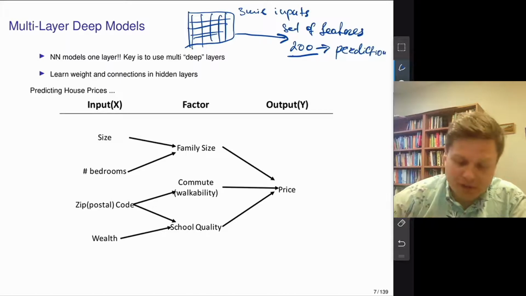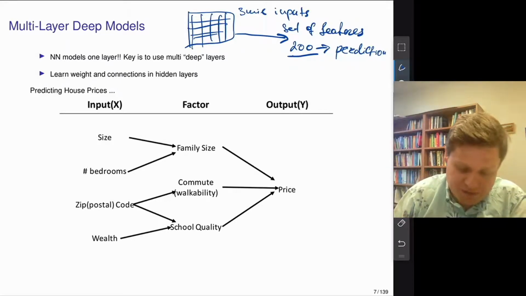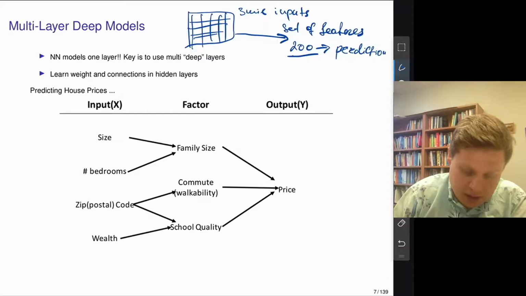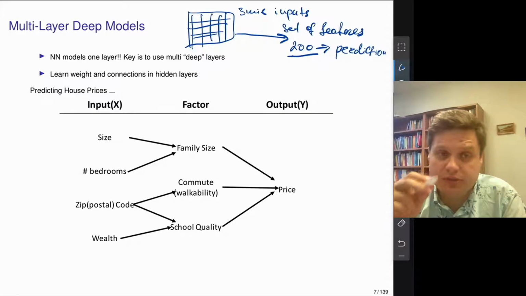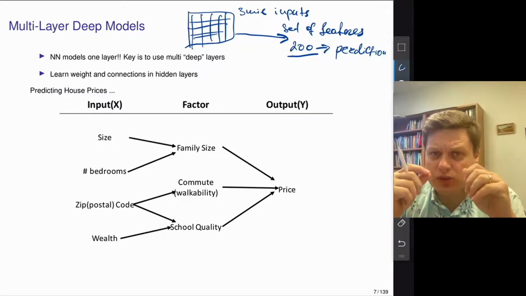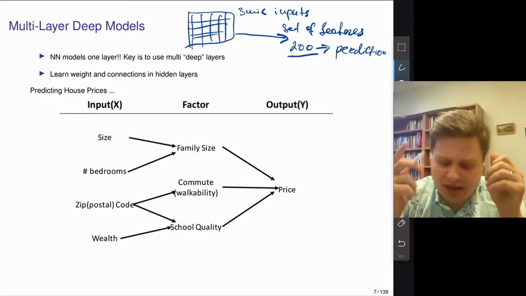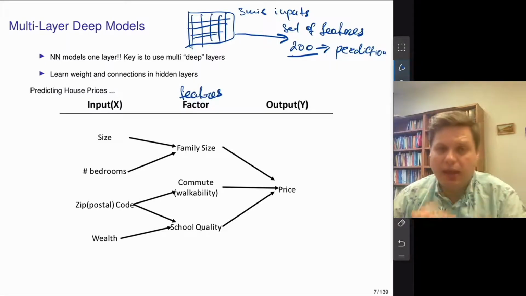Here's a very high-level example of how this works. Let's say we have inputs associated with a property: size of the house, number of bedrooms, zip code, and wealth. And then we try to find those features, or latent factors as they are also called.